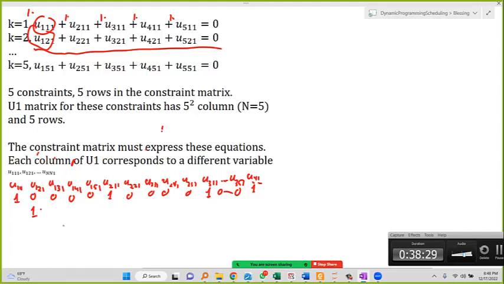No, it's not U2, 1, 1. No, it's not U1, 2, 2 either. Oh, sorry. No, it's not U1, 3, 1 either. I'm doing this constraint here.